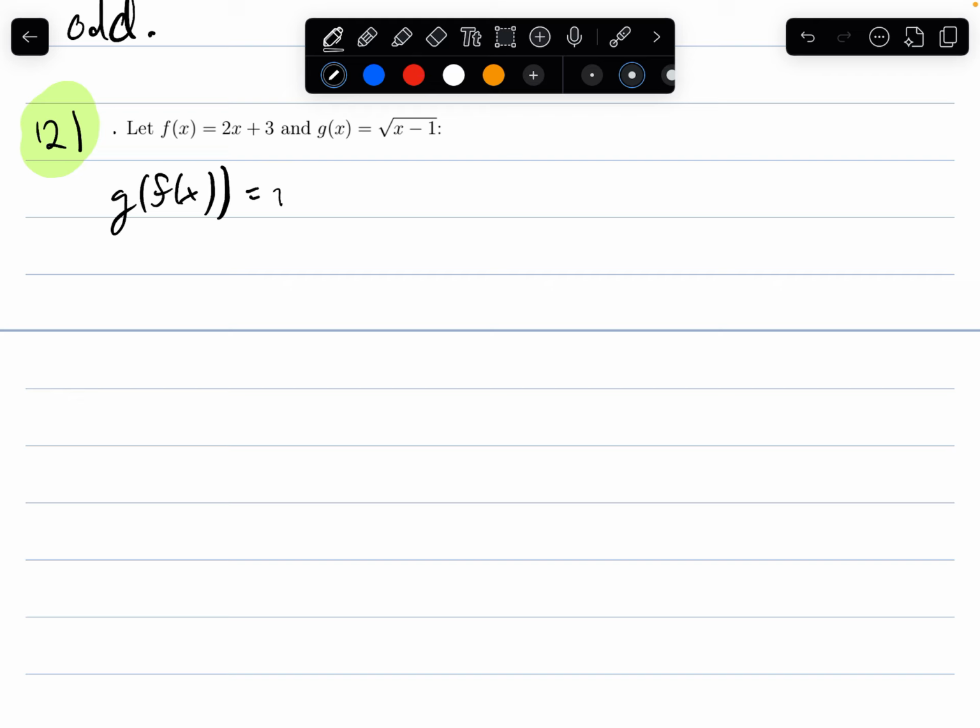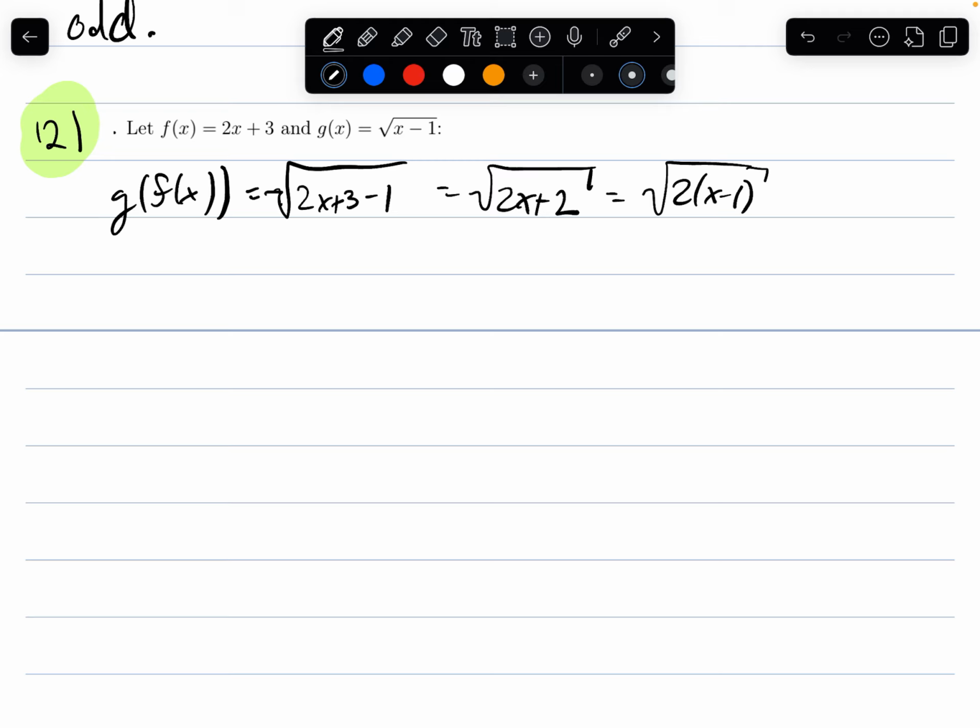So we just plug f into g. So it would be the square root of 2x plus 3 minus 1, which is square root of 2x plus 2. And you can simplify a little bit more if you'd like, square root of 2 times x plus 1, but that's not really necessary. And that's just g of f of x.